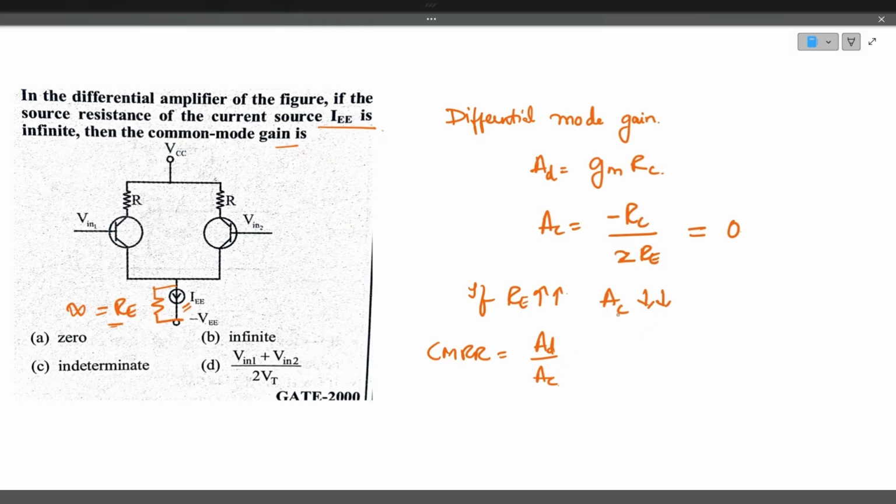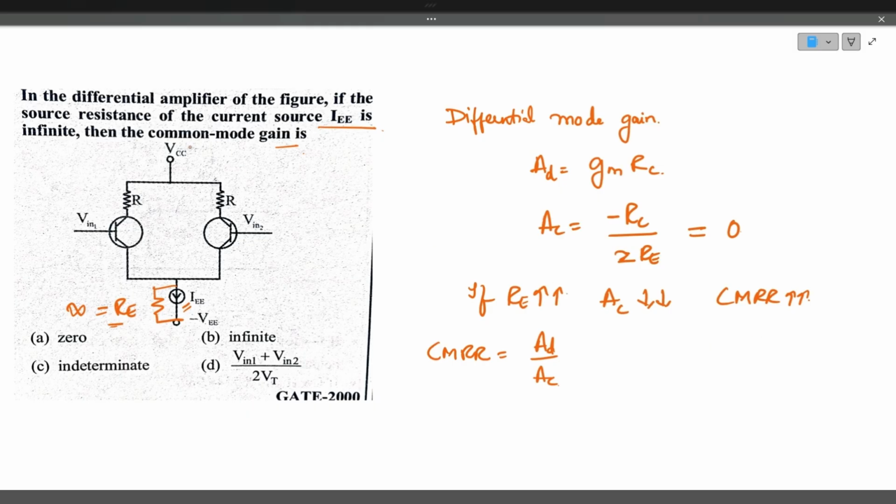So if common mode gain reduces, CMRR will increase. Okay, the common mode rejection ratio will increase.